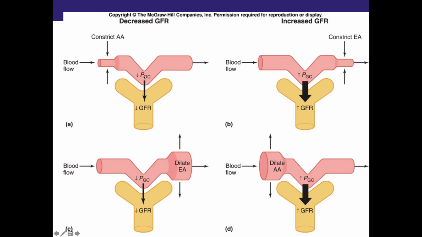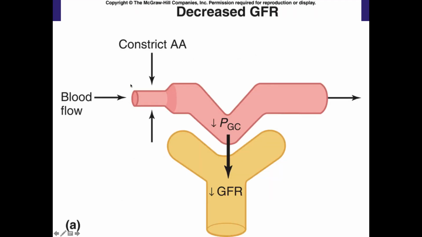P is the hydrostatic pressure in the glomerular capillaries. This is pressure. All right, so let's blow this up. I'm going to start here at the top left-hand corner. I'm going to blow that up a little bit. If you constrict the afferent arteriole, what that does is it lowers the pressure in the glomerular capillary.